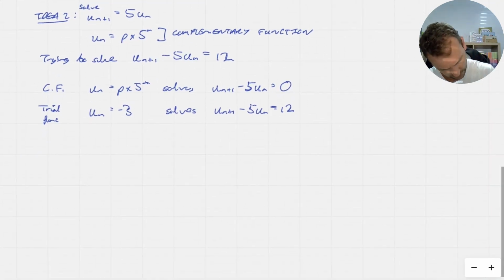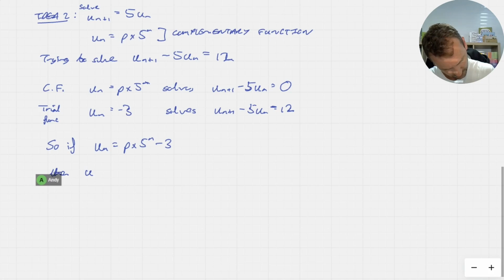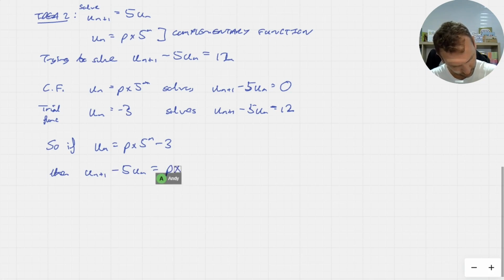If we say u_n is equal to p times 5 to the n, our complementary function, subtract 3, that's adding the particular function that we know works, then when we do u_{n+1} subtract 5u_n, u_{n+1} is p times 5 to the n+1 minus 3, and then subtract 5 lots of p times 5 to the n minus 3.